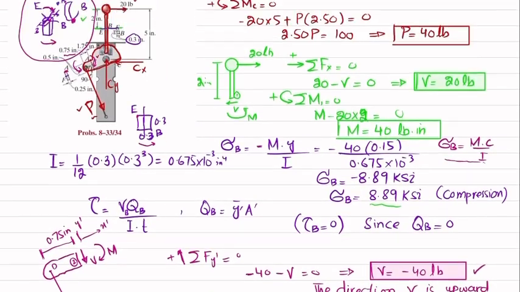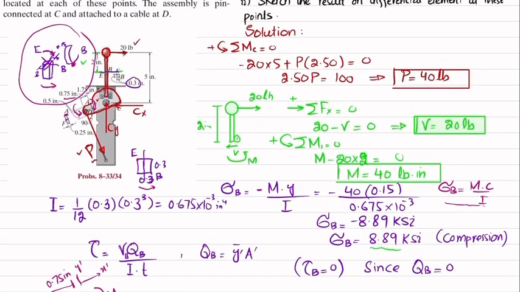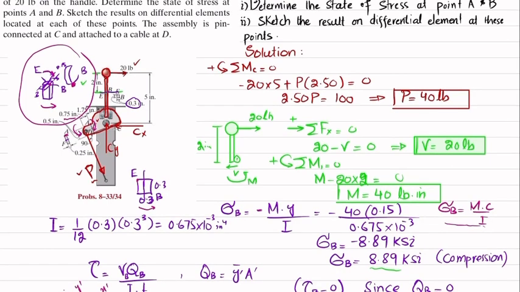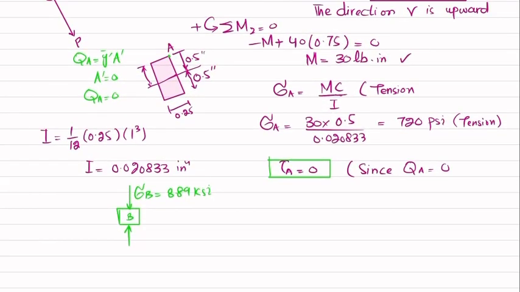Now for the other point, that is point A, if I draw the state of stress element like this, clear? You can see this is in tension, so it will be like this. There is no shear force, so sigma A will be equal to 720 psi.